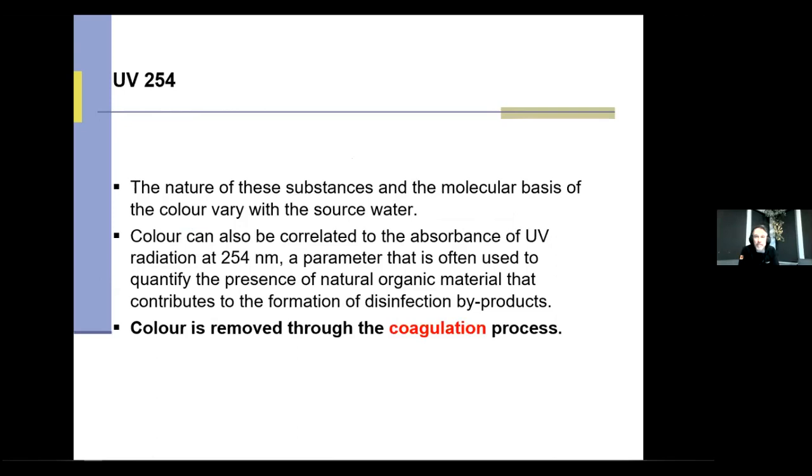So UV254, we saw this a little bit when we talked about disinfection, right? There's a wavelength we use when getting rid of the bacteria with UV. That wavelength can also be used to check for color or measure for color. It's correlated to the absorbance of the UV radiation at 254 nanometers. And so some devices are actually called a UV254. And again, it tells me how much organics are coming into my plant.